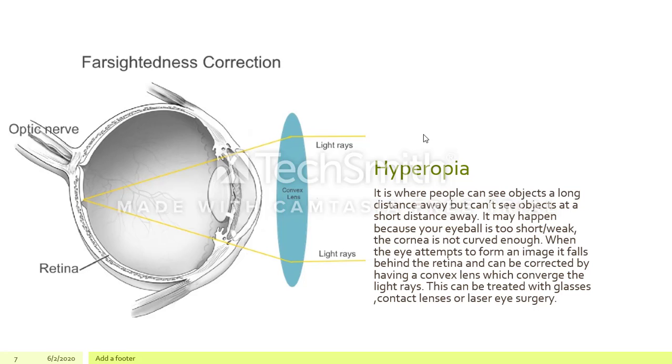The convex lens bends the light onto the retina, whereas without the convex lens, it would land not short but beyond the retina. This can be treated with glasses, contact lenses, or laser eye surgery as well. And the convex lenses converge the light rays, whereas in myopia the concave lenses diverge the light rays.